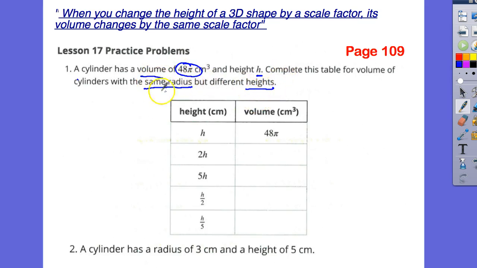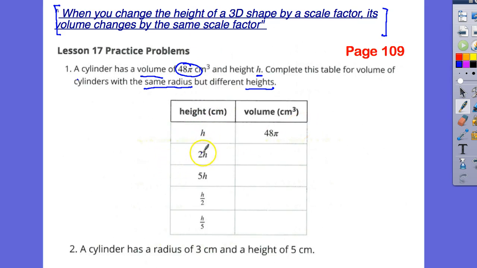Since the cylinders will have the same radius, it's only the height that's changing. That means we can apply this idea that we learned in lesson 5.17. Whatever you multiply the height by, you're going to do the same thing with the volume. So let's take a look.